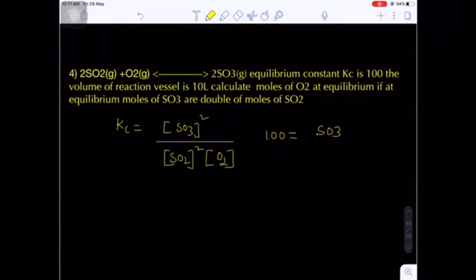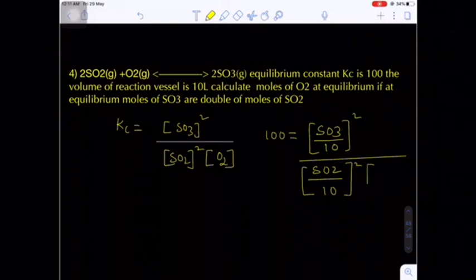What is the volume of the container here? 10 liters. So we have to include the 10 here: number of moles divided by the volume of the container, 10 liters. Whole divided by the number of moles of SO2 divided by the volume of the container, into the number of moles of O2 divided by the volume of the container, 10 liters.